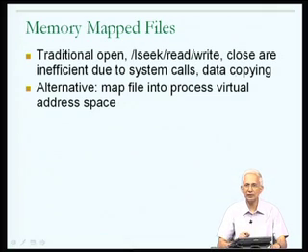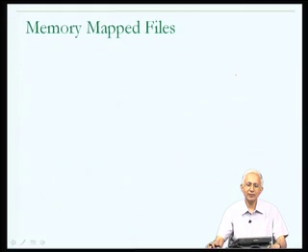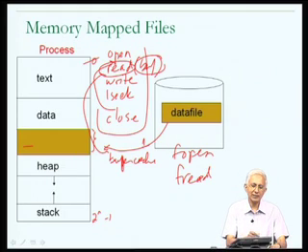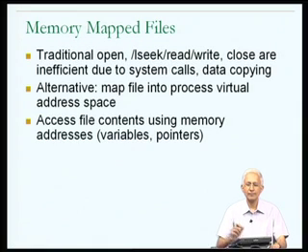What's the advantage of using this memory map file? If I use the memory map file, then I actually have a situation where the data of the file is available in the virtual address space of the process, as shown by the diagram. The data of the file is available using certain addresses of the virtual address space of the process. And therefore, the program can access the data contained in the file using memory addresses, in other words, using variables or pointers.